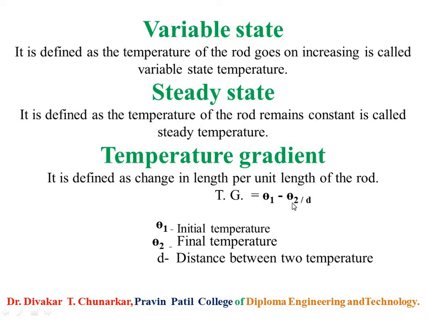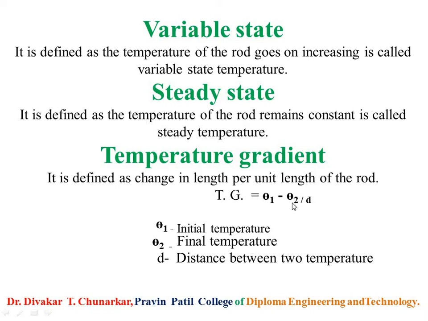Then again I revise the definition of variable state. For example, we will take a simple example, a metal rod. When we heat the first terminal of the metal rod, heat goes from the higher part of the body to the lower part of the body.